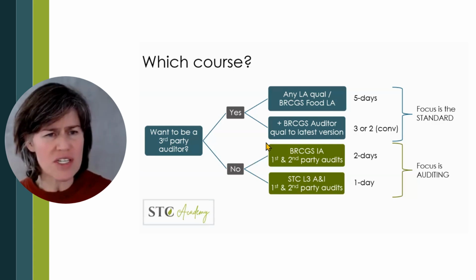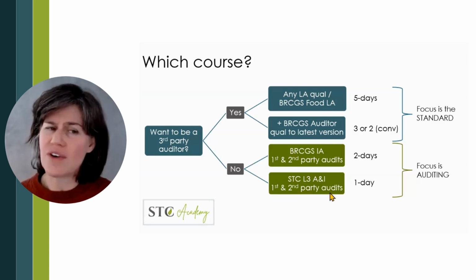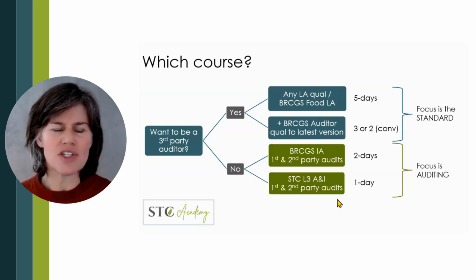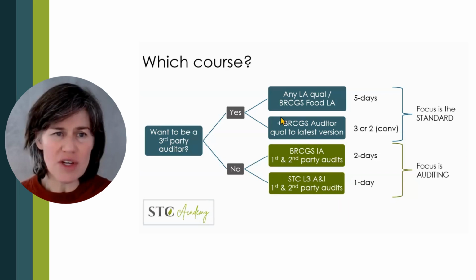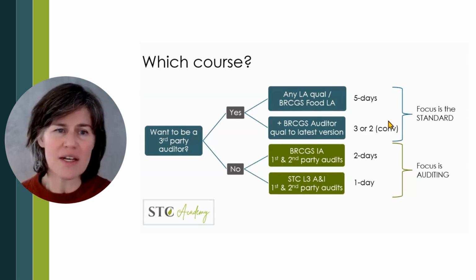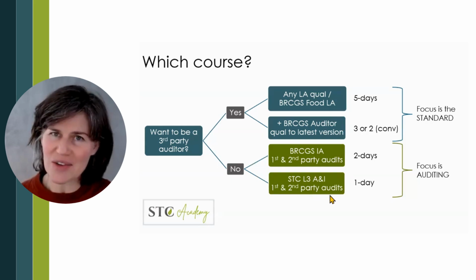Both of these courses in green here, qualifying you for first and second party auditing, both of these methodologies are applicable to any standard, not only BRC standards, literally any standard. Any business needing to conduct internal audits or audit their suppliers can be qualified on how to be a good auditor through either of these courses.